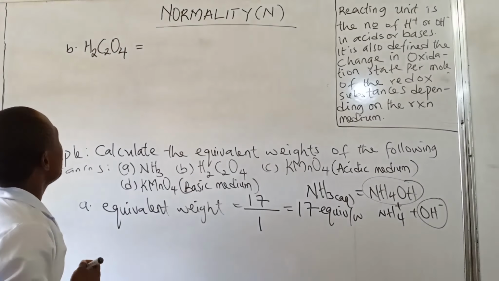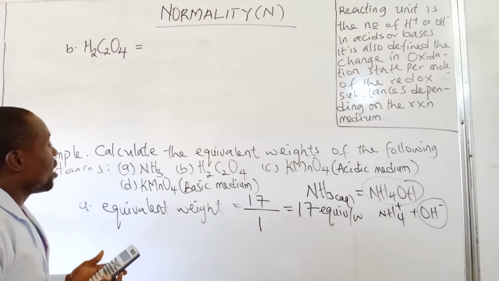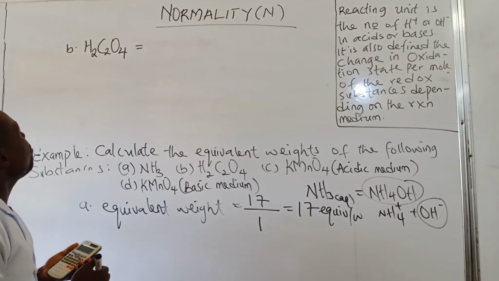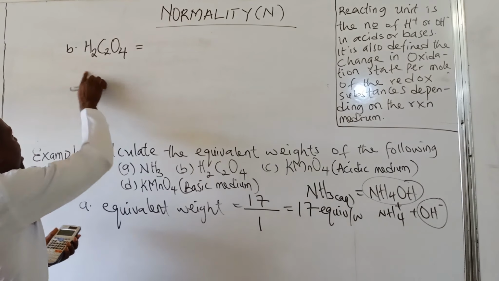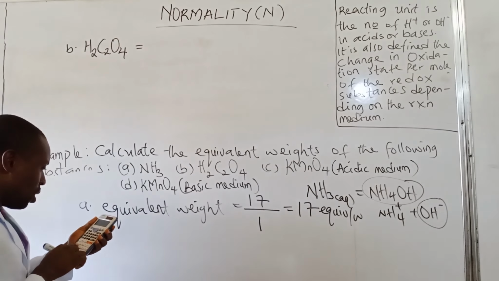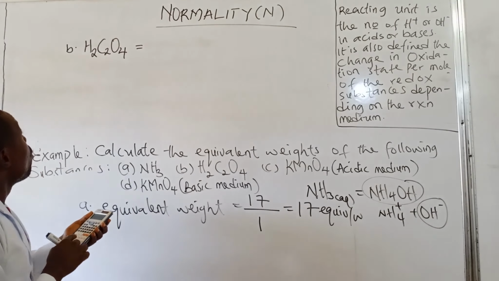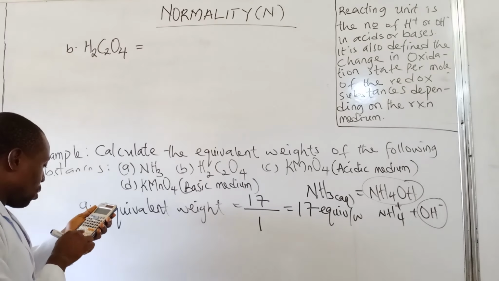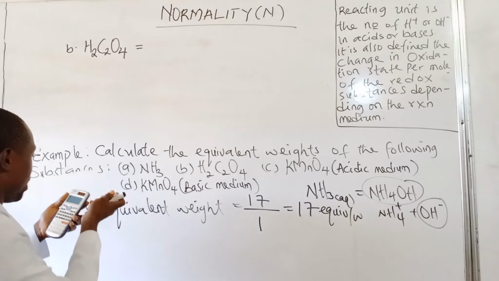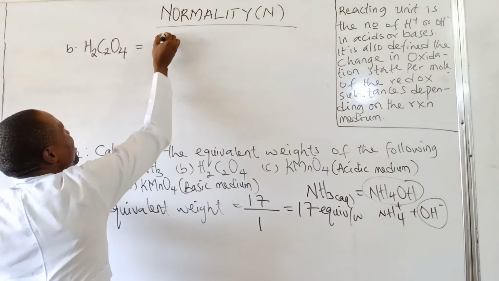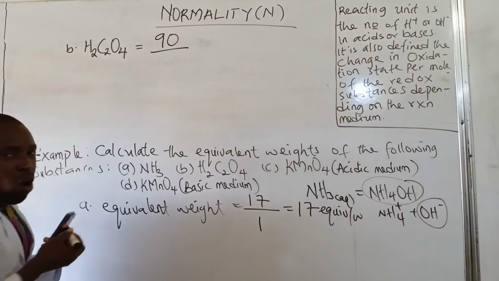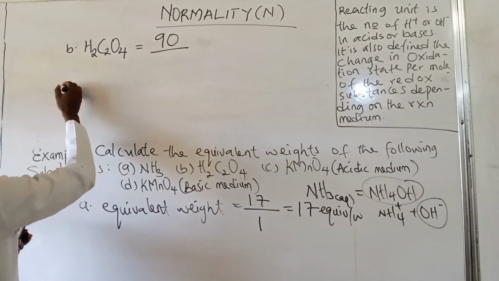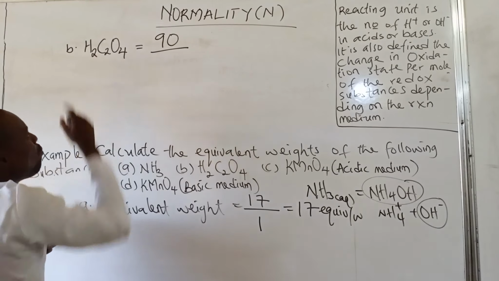Knowing fully well that equivalent weight is equal to the molar mass over the reacting unit, the molar mass of oxalic acid is 2 plus 24 plus 64, which gives me 90. So here is 90 divided by, now observe, this is oxalic acid, H2C2O4.